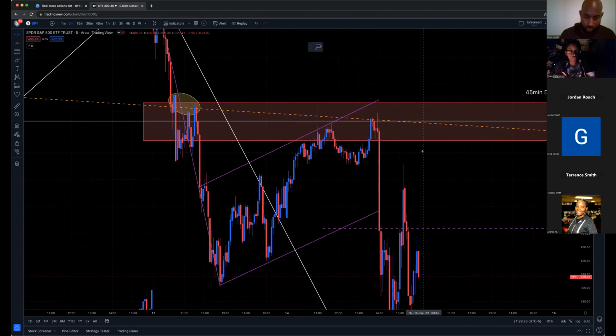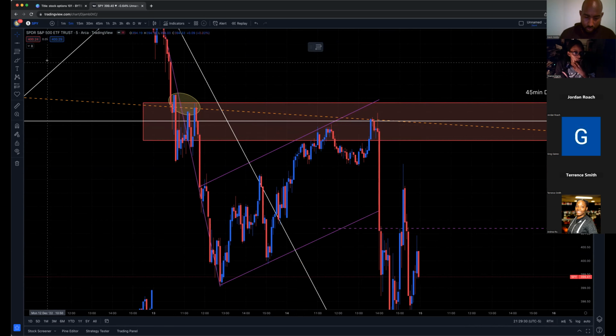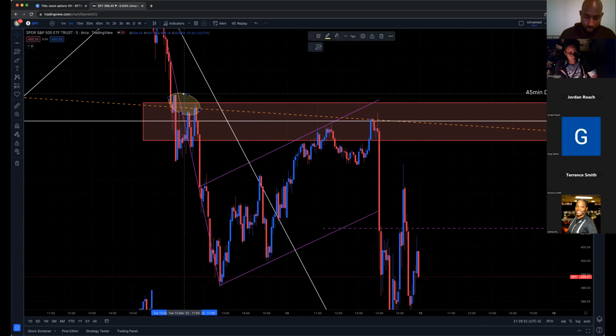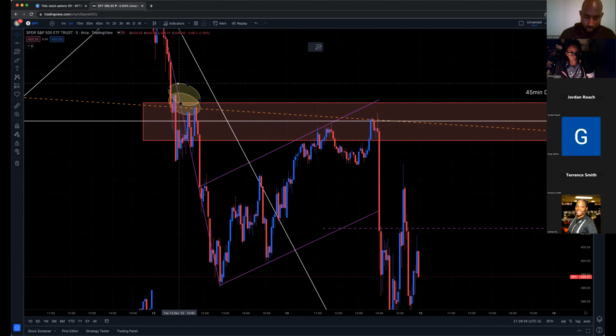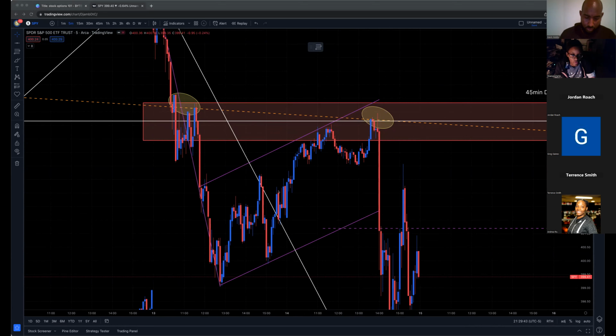All right, cool. Now today we called out, I'm just going to copy this circle and bring it over, we called out this area here for a trade. I don't know what the specific range was, so let me see if I can find it in the chat.